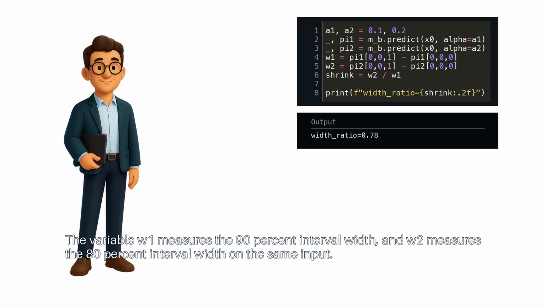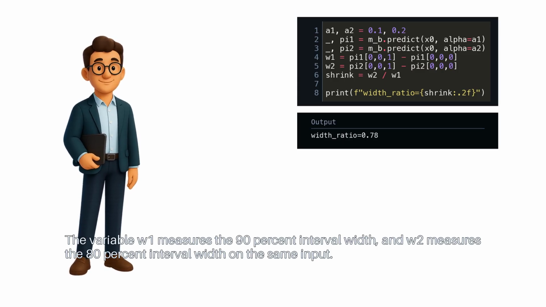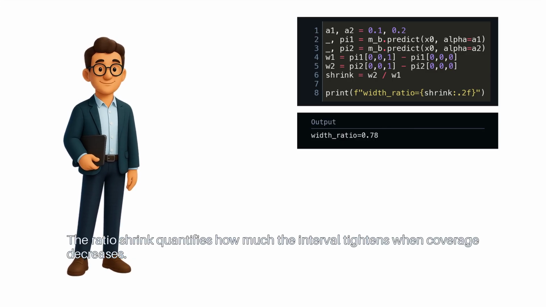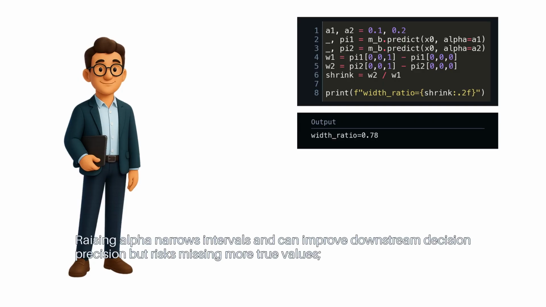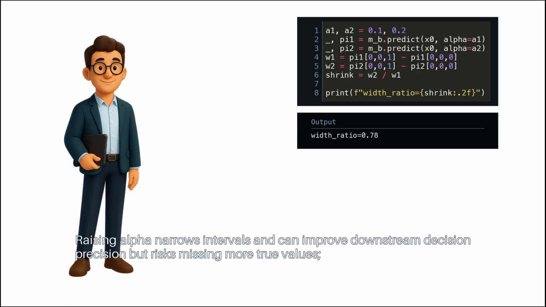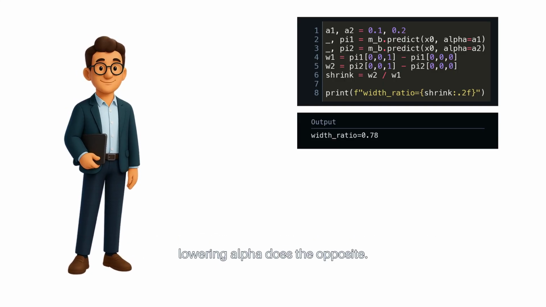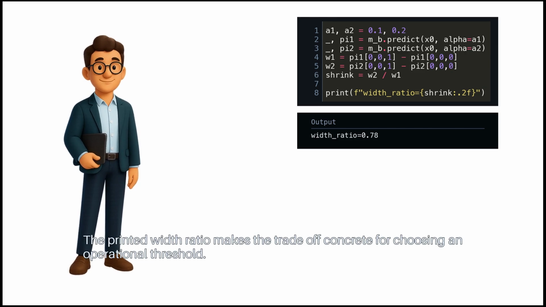The variable W1 measures the 90% interval width, and W2 measures the 80% interval width on the same input. The ratio shrink quantifies how much the interval tightens when coverage decreases. Raising alpha narrows intervals and can improve downstream decision precision, but risks missing more true values. Lowering alpha does the opposite. The printed width ratio makes the trade-off concrete for choosing an operational threshold.